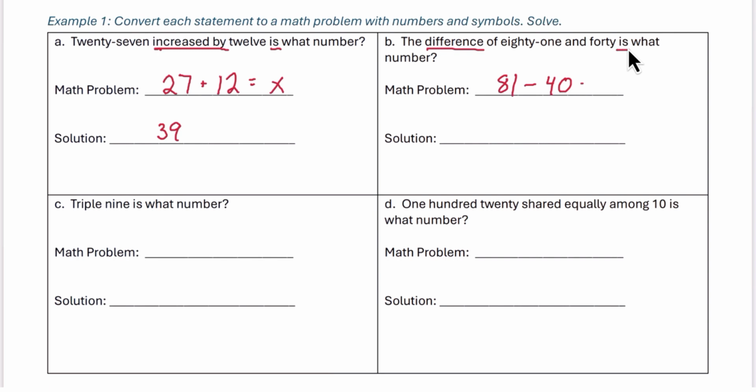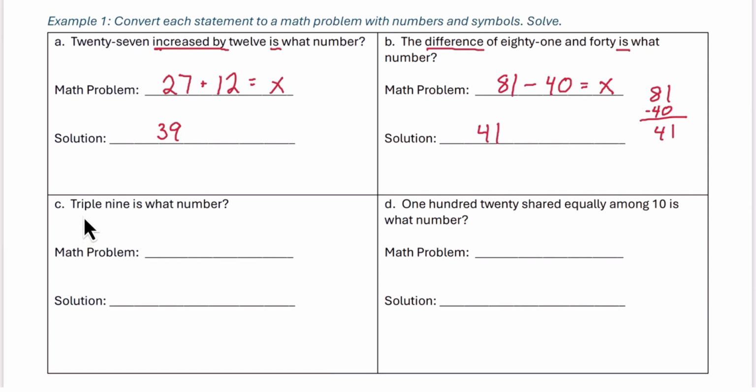Is means, again, equals what number? Again, we could put a question mark here, or I'll use an X since we will eventually use variables to represent the unknown. Now we have 81 minus 40. Let's do that off to the side. 81 minus 40. 1 minus 0 is 1. 8 minus 4 is 4. So we get the solution 41.